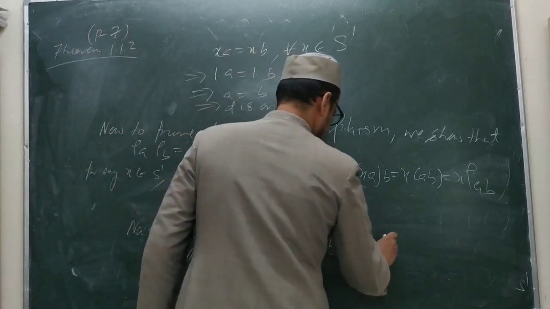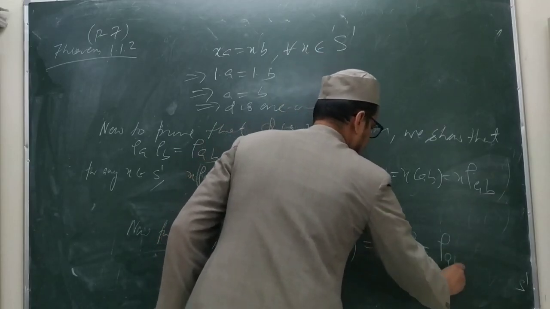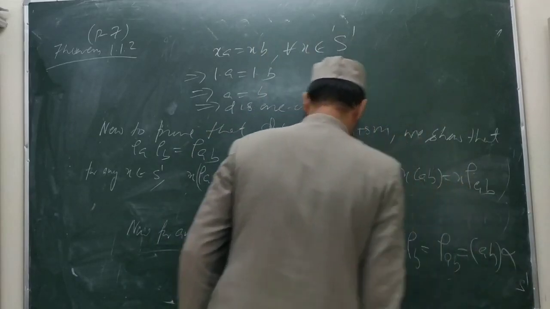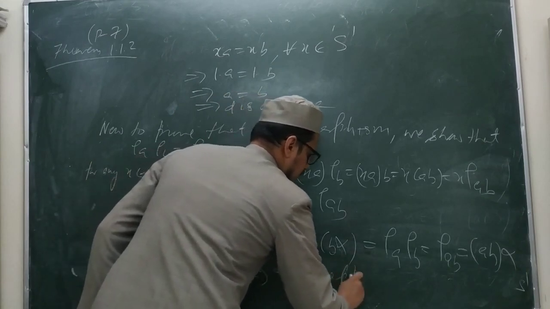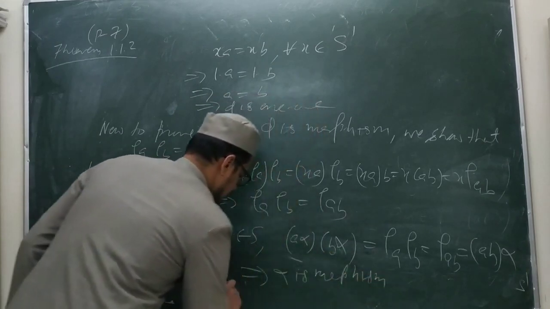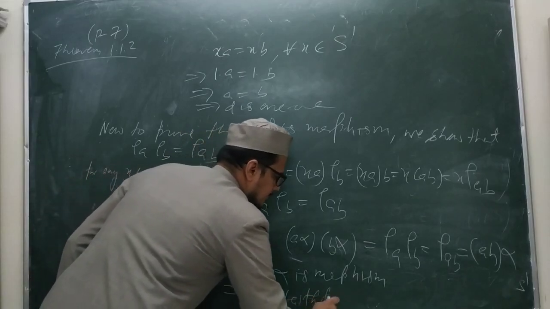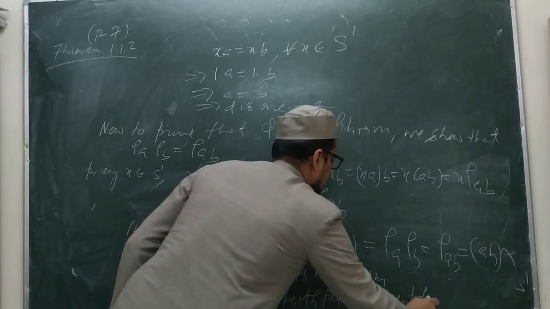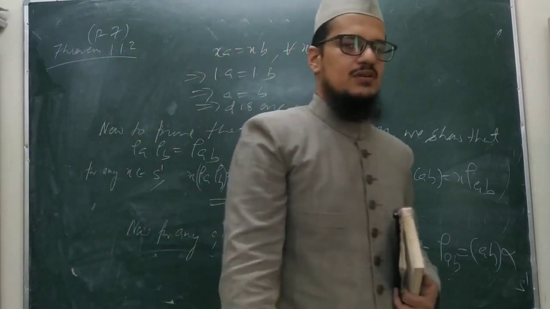Aα is ρ_A, Bα is ρ_B, this is ρ_AB, and this is (AB)α. It implies α is a morphism. It implies α is a faithful representation. So in this way we have proved that α is a faithful representation.